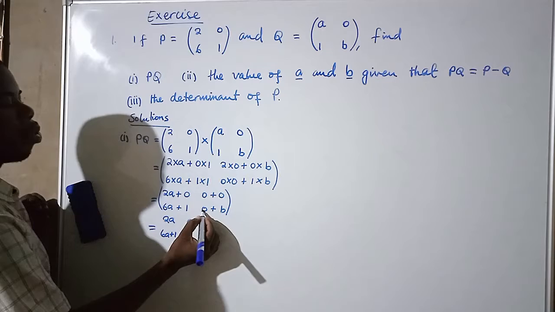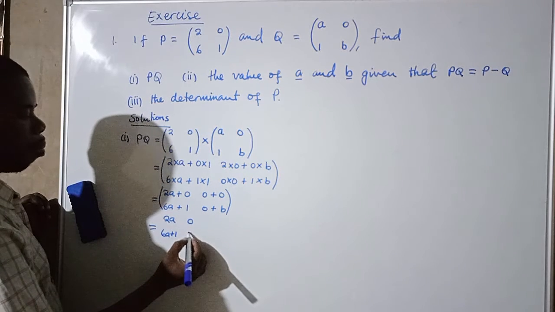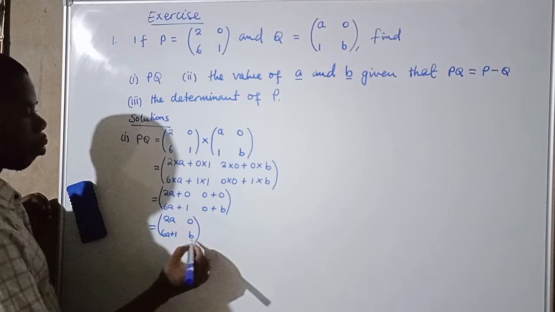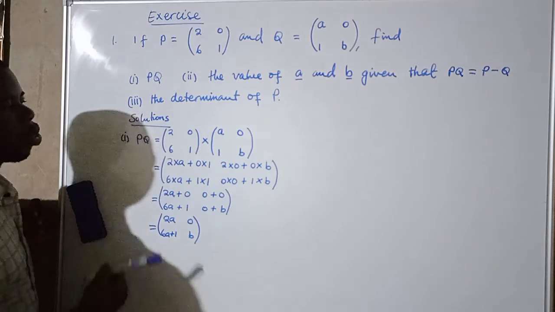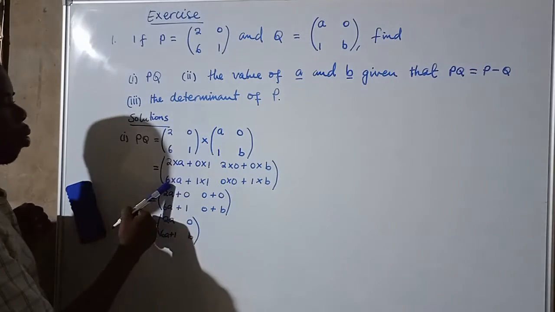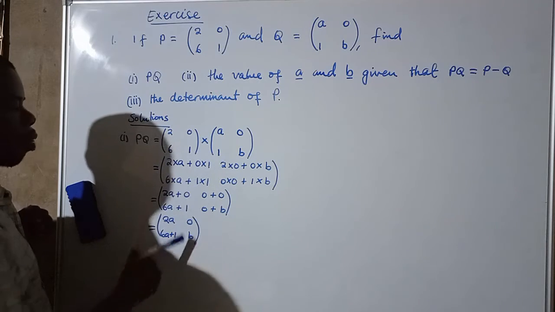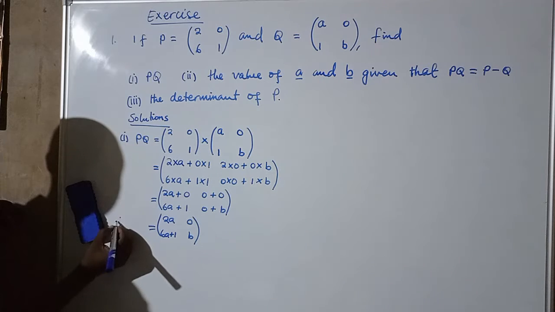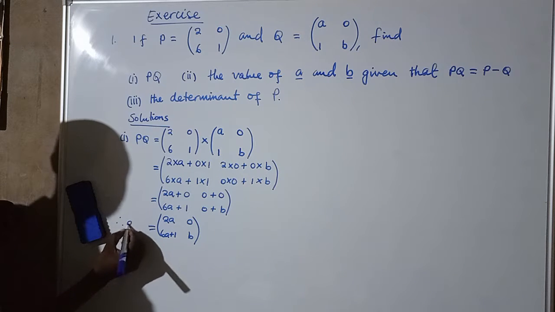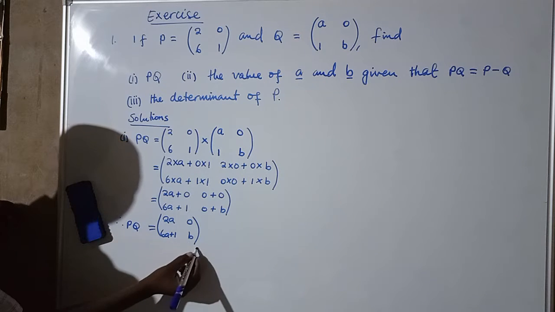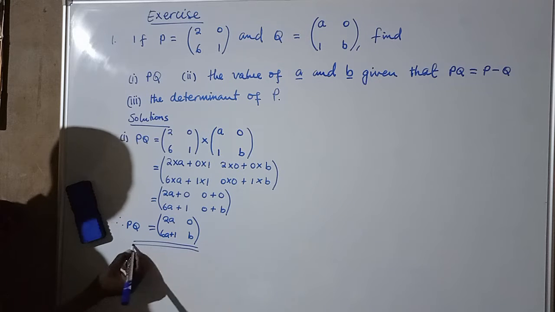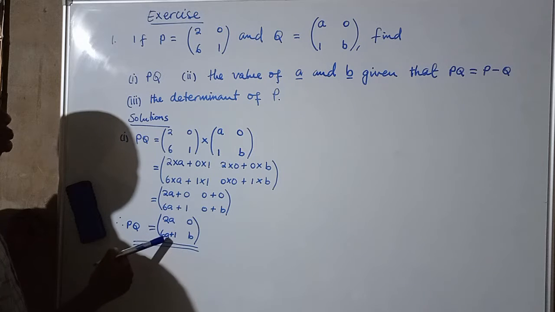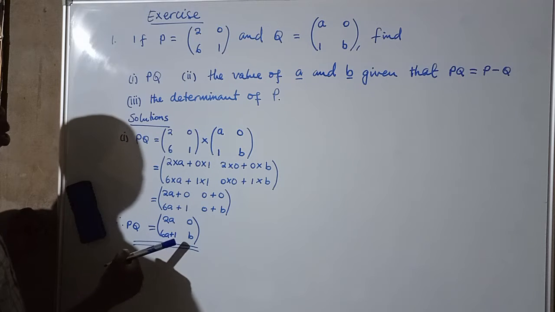Then 0 plus B will just be B. So this times that gave us that, meaning this will be our answer. Therefore PQ is this one, and you can even underline it: 2A, 0, 6, 6A plus 1.